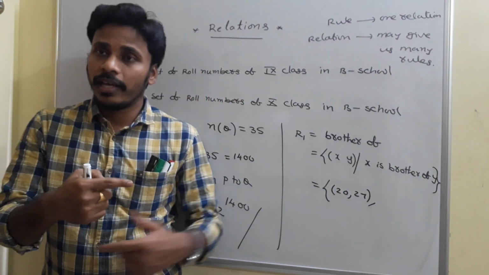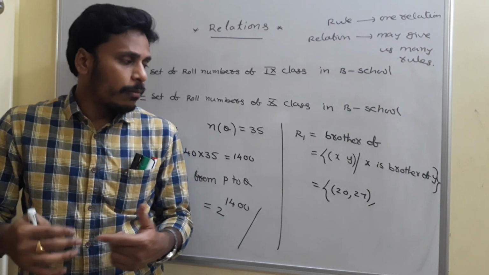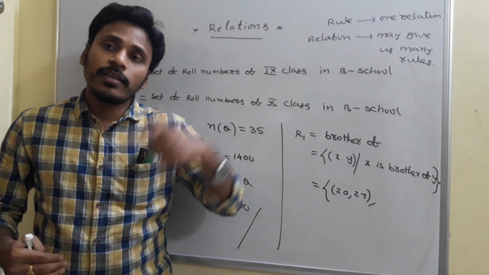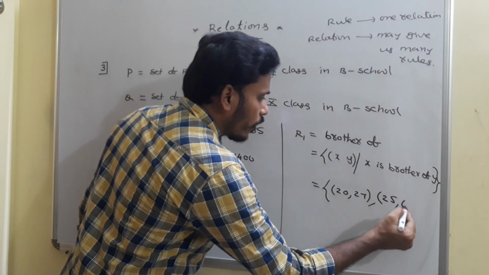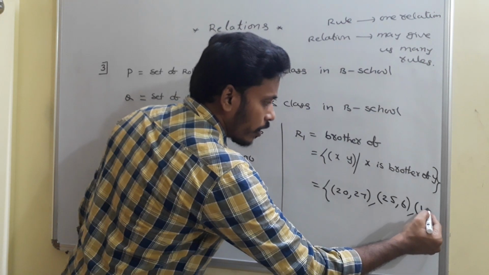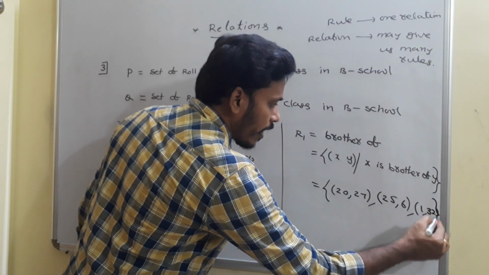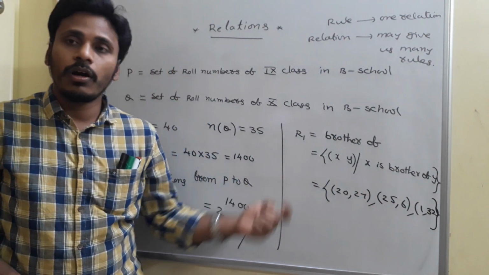There are some brothers in 9th and 10th class. And if roll number 25 of 9th class is the brother of roll number 6, I mention 25 comma 6. And if roll number 1 of 9th class and roll number 32 of 10th class are brothers, you need to collect these ordered pairs in this relation R1.